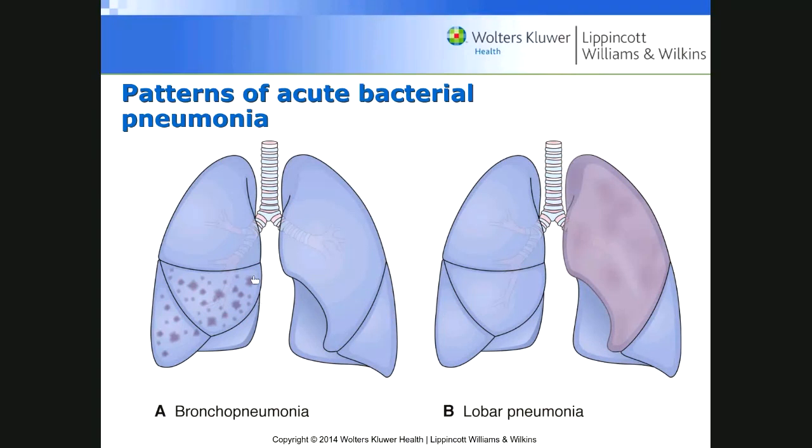You can have MRSA, or sometimes you have Pseudomonas. Some viruses can cause this as well. Okay. But definitely lobar is most likely your community acquired. Your strep is this type of pneumonia.